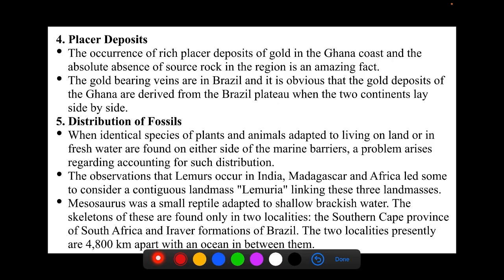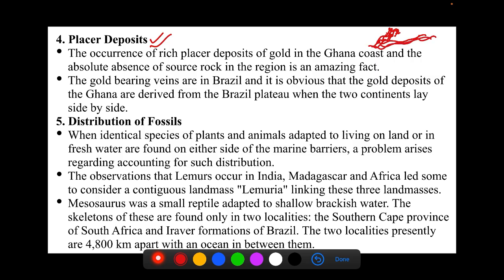The next evidence that we have to study is the placer deposit. There is something called veins, like gold bearing veins, where gold is present, and with water these flow to different places.